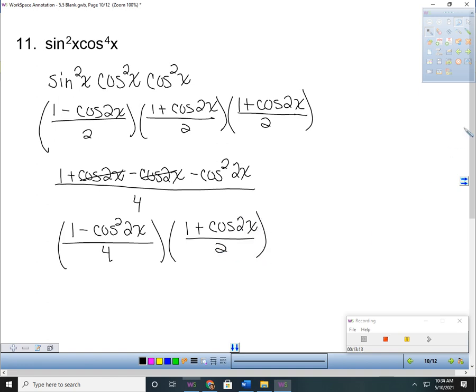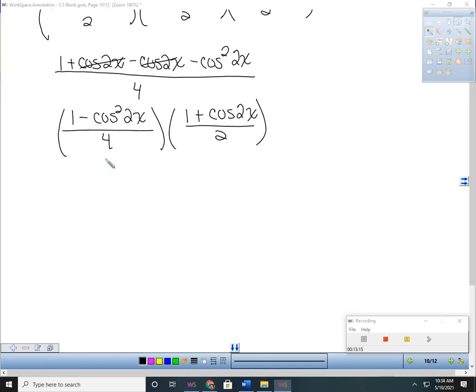So if I do the tops, 1 times 1 is 1. 1 times cosine 2x is cosine 2x. Negative cosine squared 2x times 1 is negative cosine squared 2x. And negative cosine squared 2x times a positive cosine 2x is negative cosine to the third 2x.